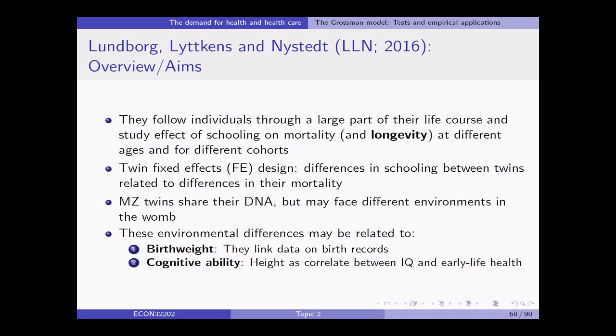So birth weight can be affected by what happens in the womb. Birth weight is incredibly important in determining future health. Babies who are born underweight are much more likely to have adverse health outcomes as they age than people who were born at what's medically termed the normal weight. But this Swedish registry data has information on the birth weight, so we can account for that, we can factor out that constraint.